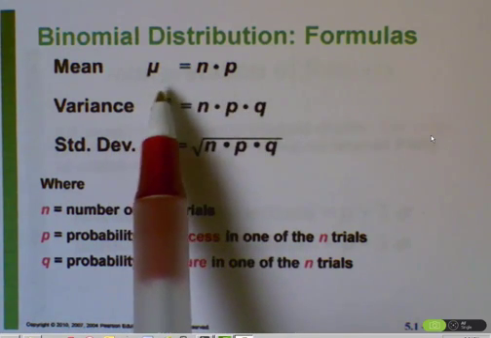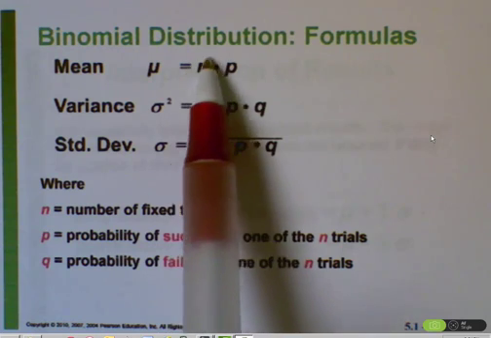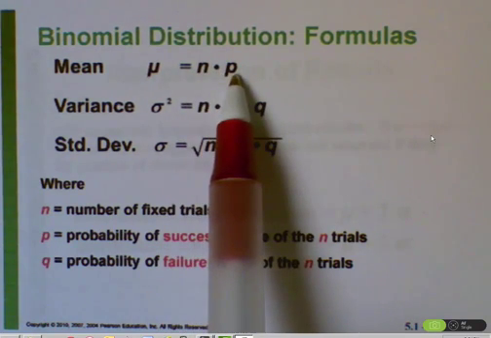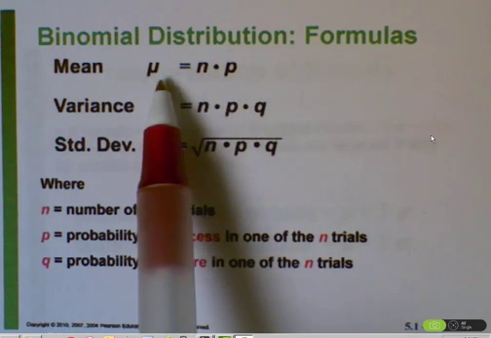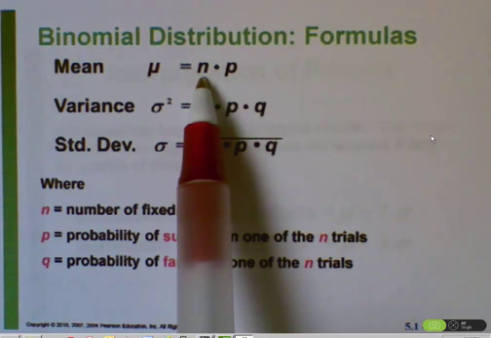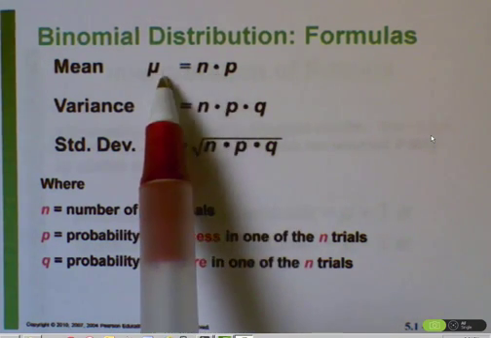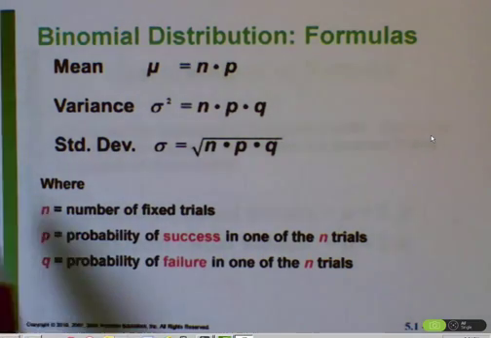If I say I have a population, or a sample, of 100 people, and 15% of them have blue eyes, how many would you expect to have blue eyes? You would just say 15% of 100 is 15. So the expected value is 15. That means the mean is 15.